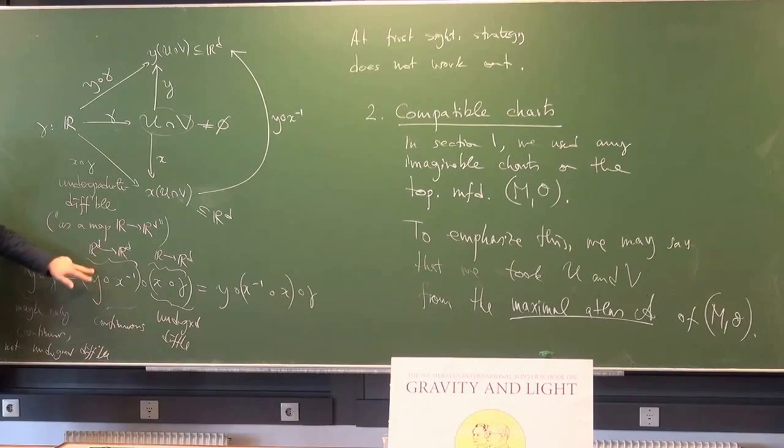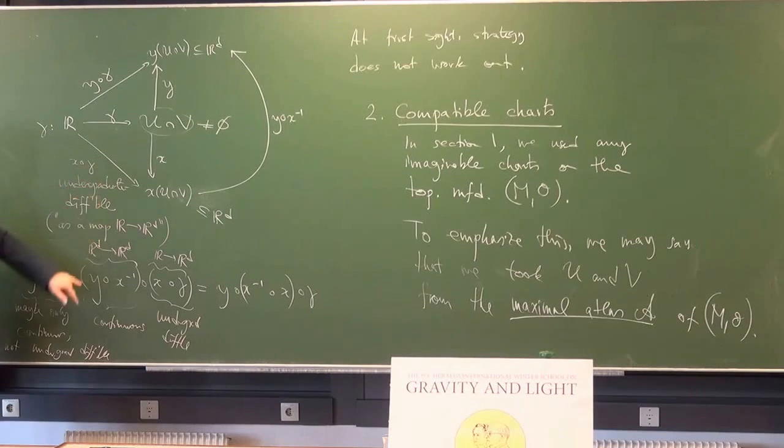Because the chart transition map is also from RD to RD, we can use our undergraduate understanding of differentiability and require that we only keep a subset of charts that we originally had in the maximal atlas, and we pick in a clever way such a subset that it's still an atlas, it still covers, but that all transition functions are differentiable.